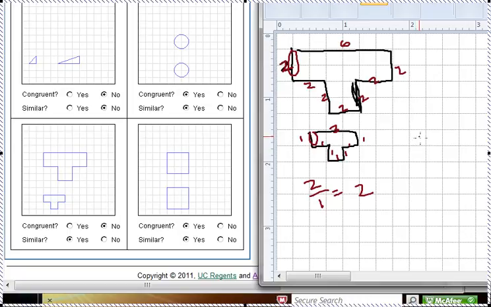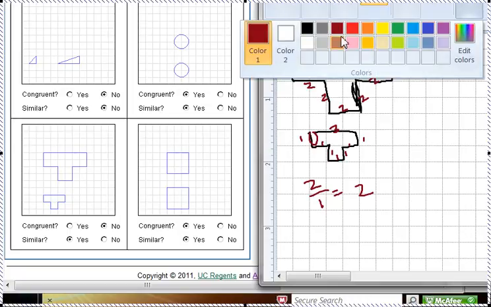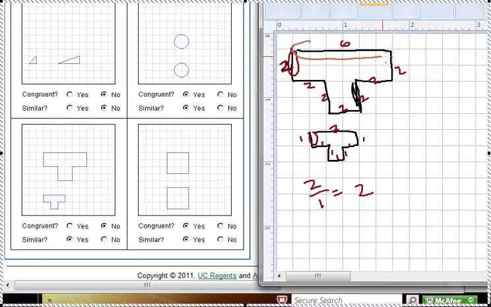Okay. Now, I take corresponding sides. That means the same sides. For example, let's look at the top, and we'll use a different color for that. The top, I got 6, and I got 3. So what is 6 divided by 3? It's also 2.